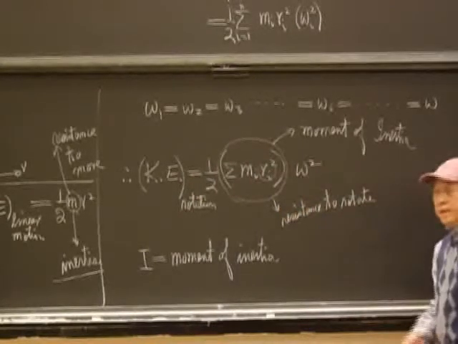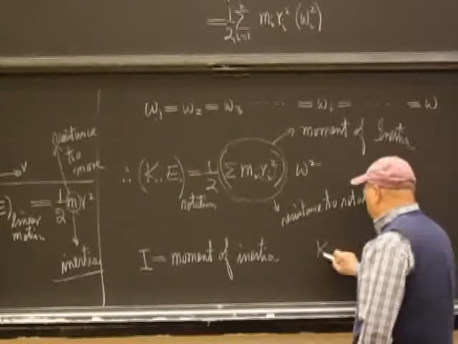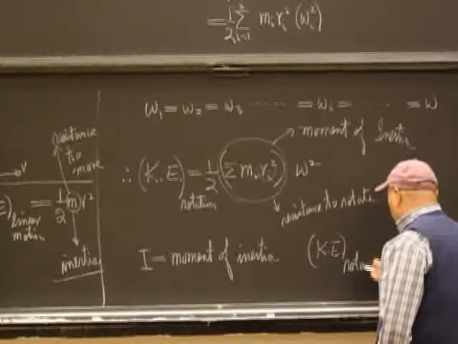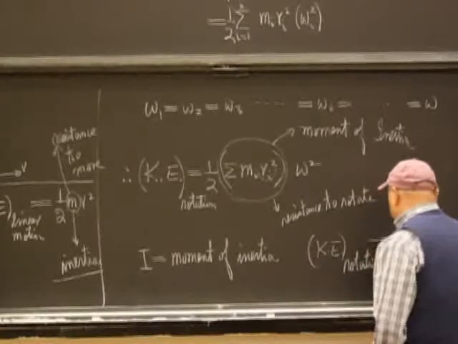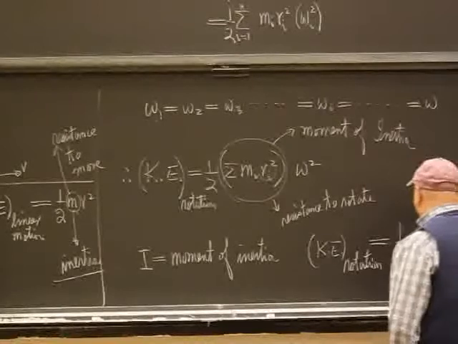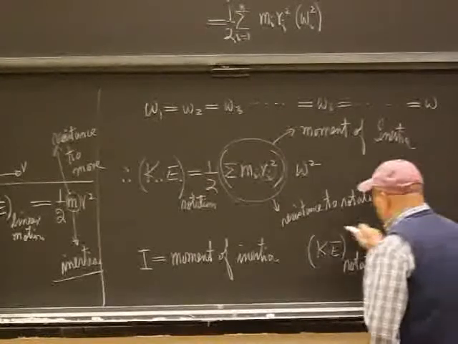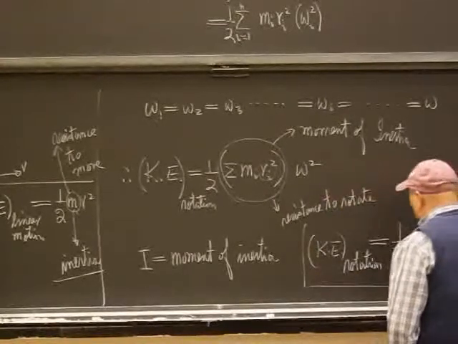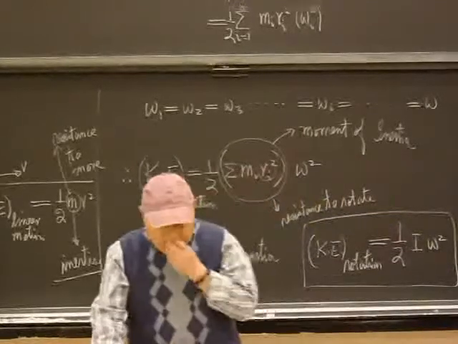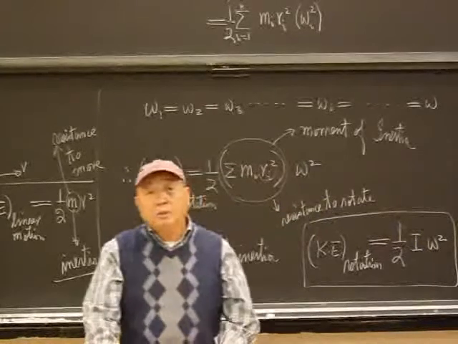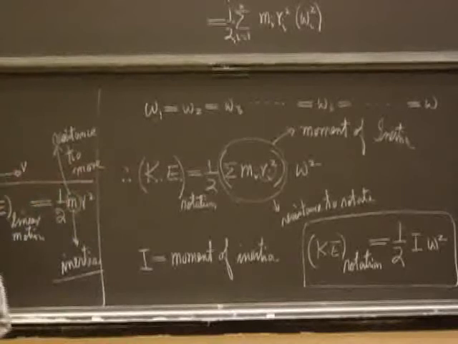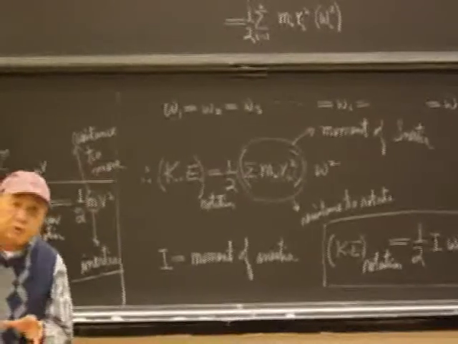So the kinetic energy in rotation is equal to 1/2 I omega squared. This is how we define the kinetic energy for rotation. Now we know something called moment of inertia.